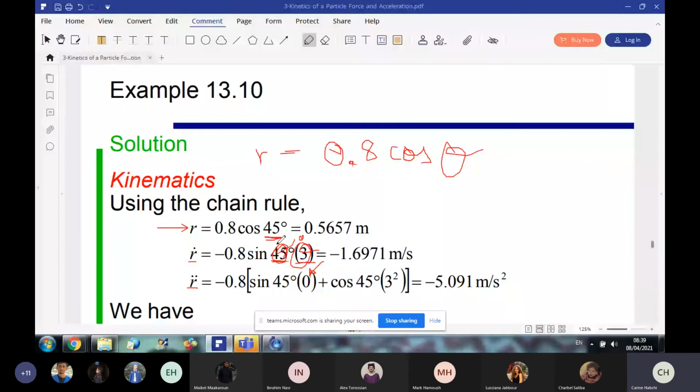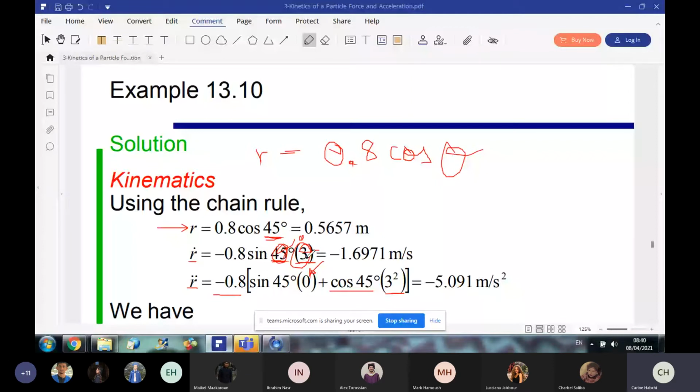So here you only have a constant times sine theta, so the derivative will be restricted only to sine theta. The derivative of sine theta with respect to time is cosine theta times theta dot, and already I have theta dot. So the result will be minus 0.8 cosine theta theta dot squared. If you replace, it's minus 0.8 cosine 45 times theta dot squared, which is 3, so times 3 squared. Then you get the value of r double dot. Now, in case theta dot was not constant, you derive like a product of functions, u times v, where the derivative is u prime v plus v prime u.